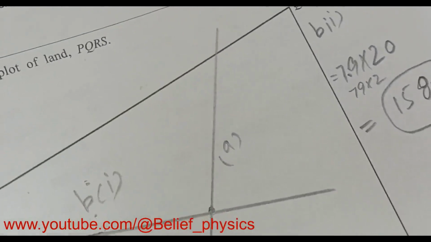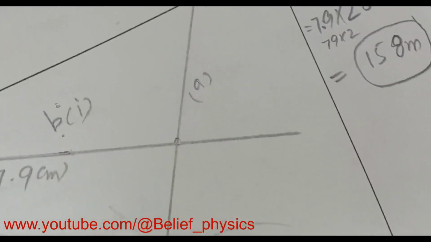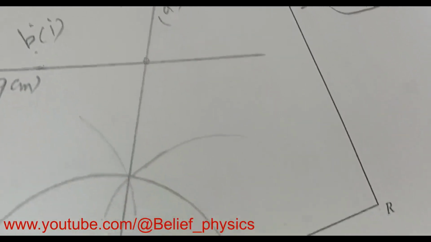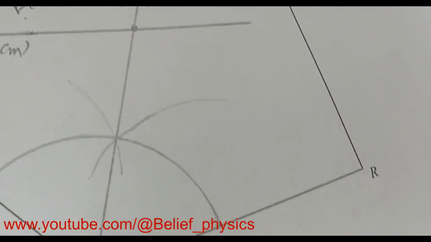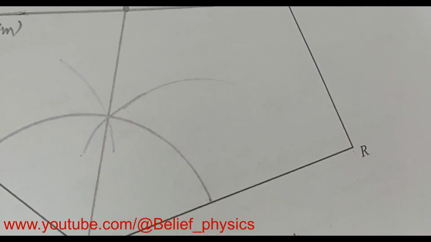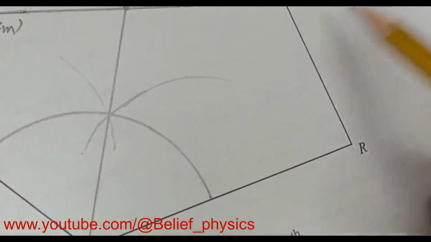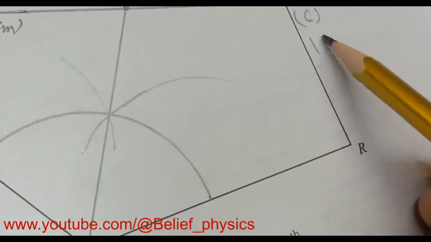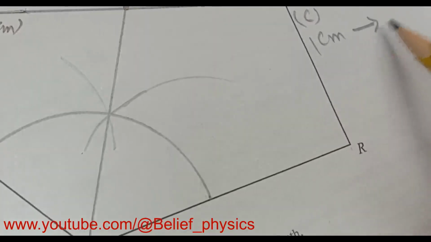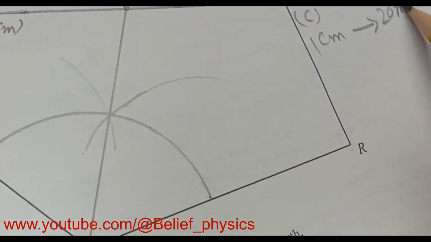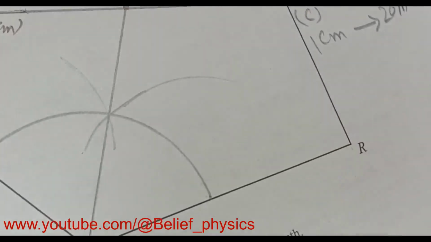When you have to find area and you have the scale for length, then the scale for area will be the square of the length scale. So here 1 centimeter represents 20 meters. Area is in square centimeters.